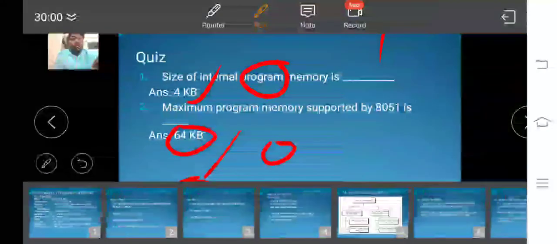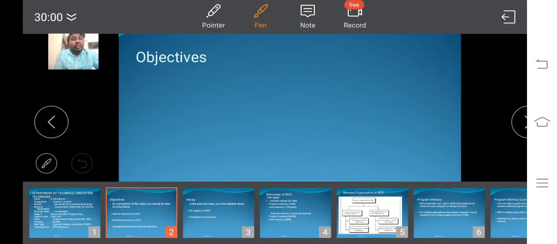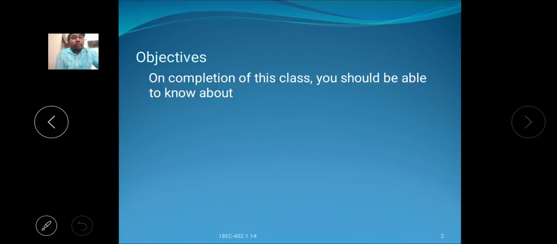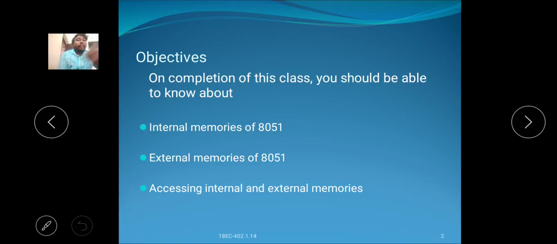The main objectives of this class are the internal memories of 8051, external memories of 8051, and accessing internal and external memories, that is data and program memory.